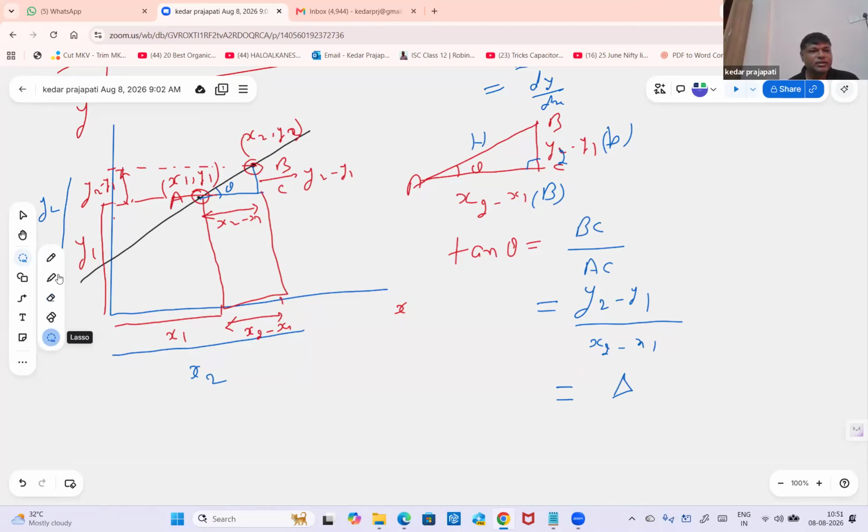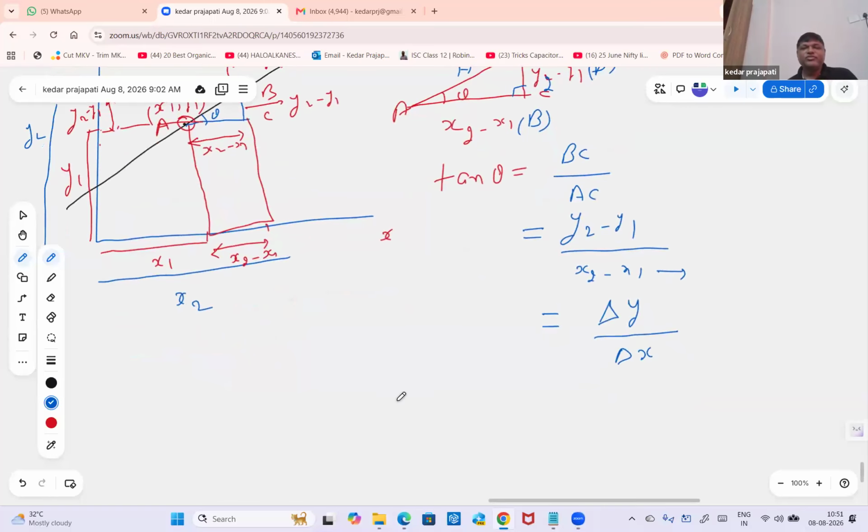In maths, wherever there is change, we can say delta y. And this x2 minus x1 is change in x. So this is delta x. When this change is very small, right now it is very big, but in machine learning, there will be points very nearby also.